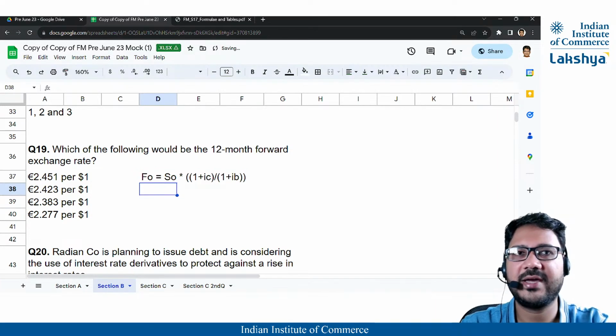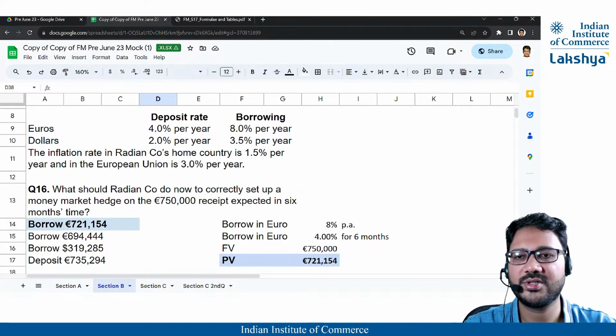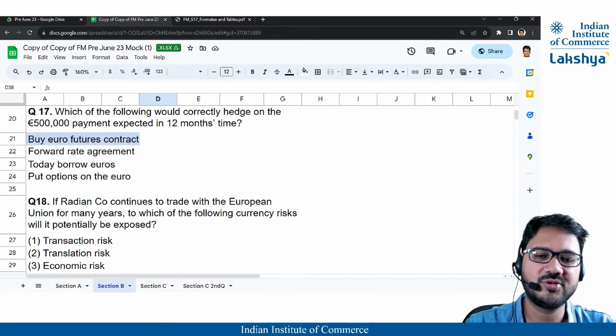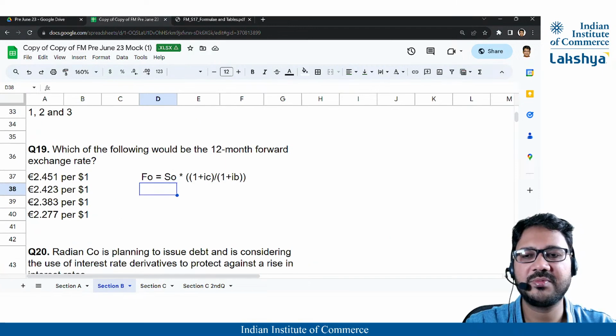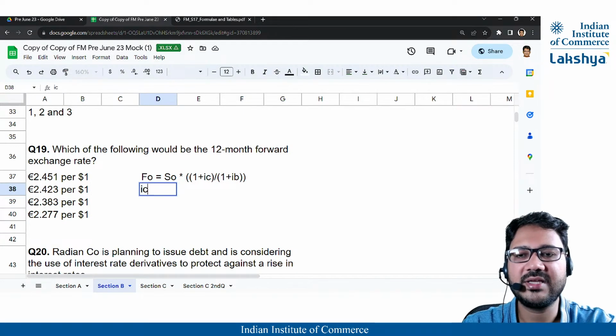Now we already have, let's see if we have them or not. Interest on, now we have two rates for home currency, and we don't know which rate to take, deposit rate or the borrowing rate. So again, in one of the examiner's reports, they had explicitly mentioned that in such a case, we shall take the average rate.